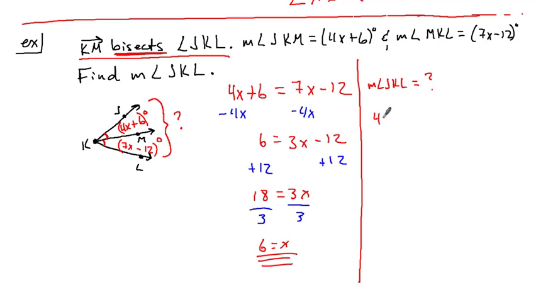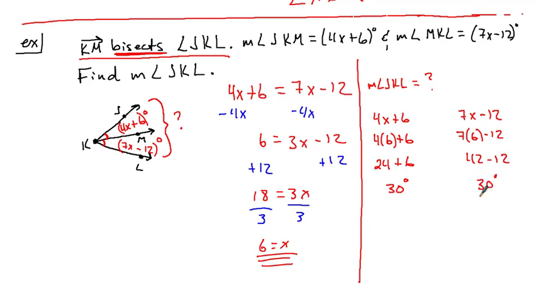So if we take 4x plus 6 and substitute our x back in, we get 24 plus 6, 30 degrees, right? Then we can take our other angle, 7x minus 12, and substitute our 6, and we also get 30 degrees. Now, that's supposed to happen because those two angles are equal. So the measure of angle JKL equals 60 degrees.